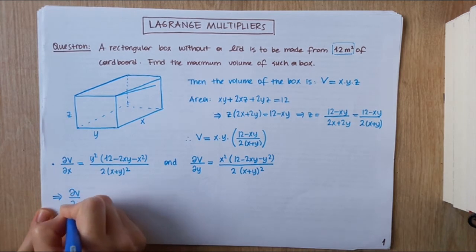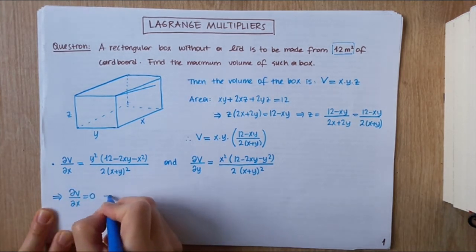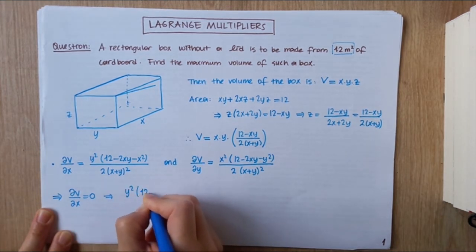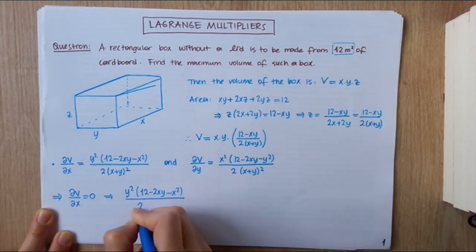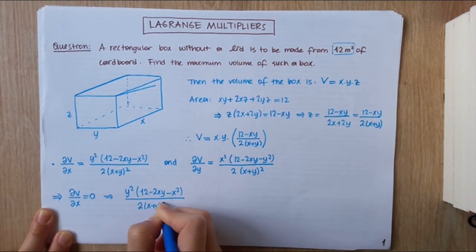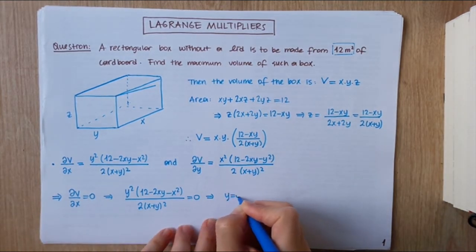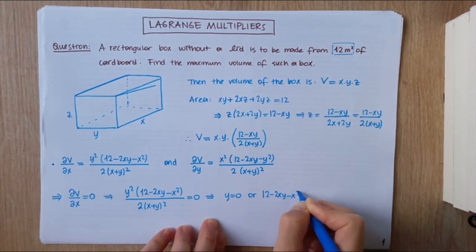Okay, so let's try to obtain the critical points here. Del V over del x equals 0, which means y squared times (12 minus 2xy minus x squared) over 2 times (x plus y) squared equals 0. And it says that y is 0 or 12 minus 2xy minus x squared is 0.